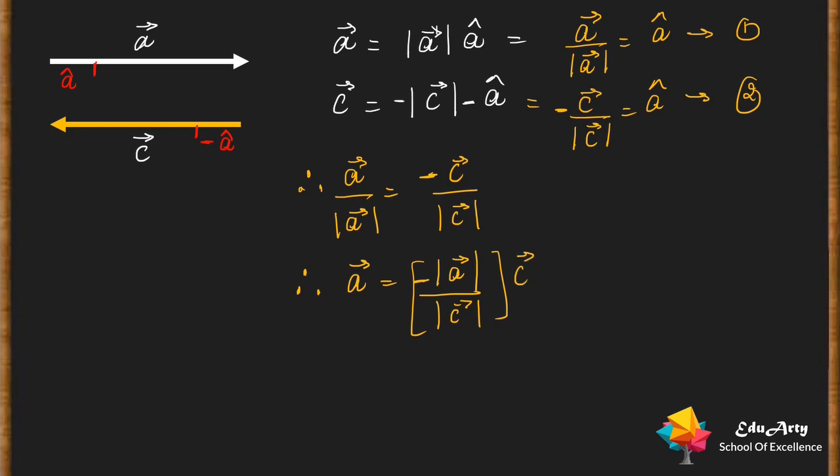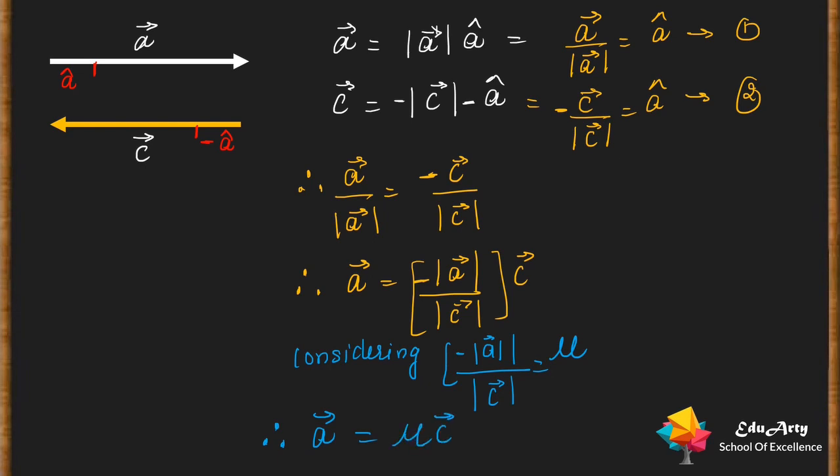Now this is a negative value, so considering this negative value, minus of magnitude of A vector by magnitude of C vector, let us say this is some value called mu. Whenever it is negative we call it mu, whenever it is positive we call it lambda, correct? A vector is equal to mu into C vector.